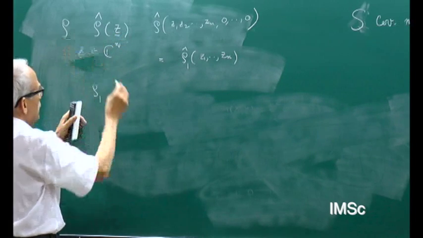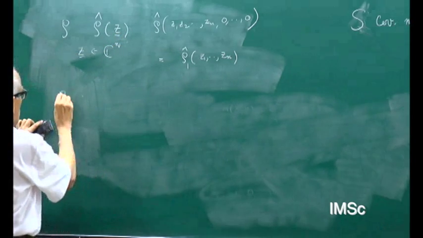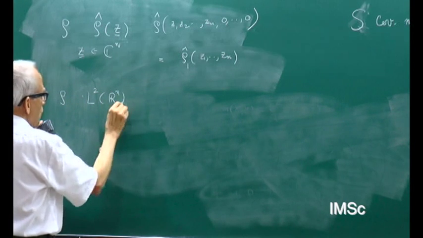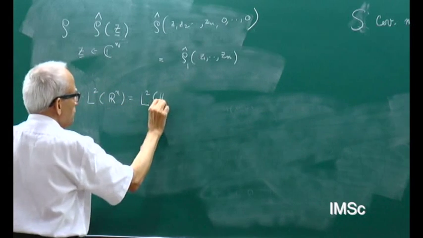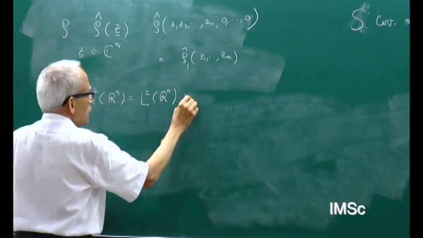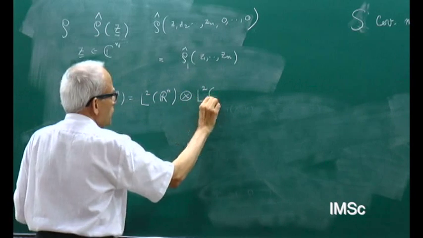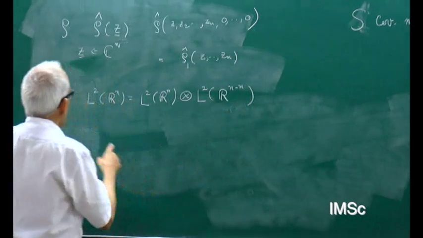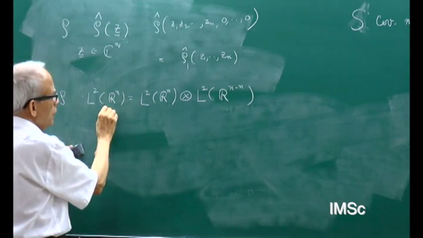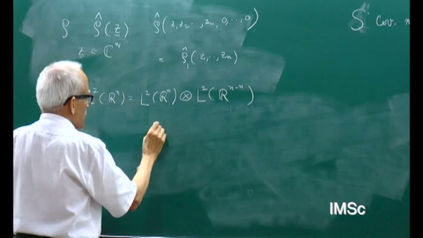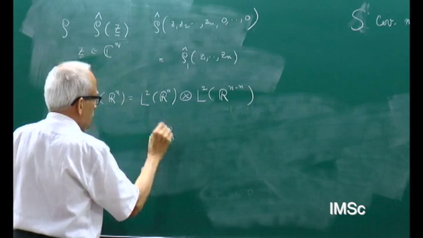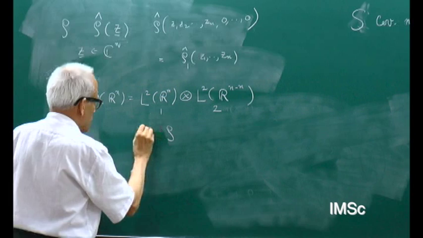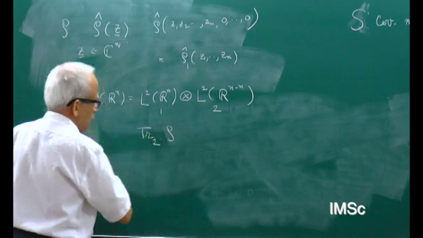This rho is a state in L2 Rn, right? Rho is a state in L2 Rn. But this is L2 of Rm tensor product L2 of R n minus m, and rho is a state here. Now I can define the following state. This is the first Hilbert space and this is the second Hilbert space. You take the relative trace over the second Hilbert space.